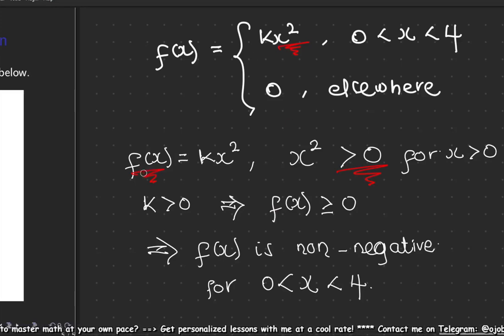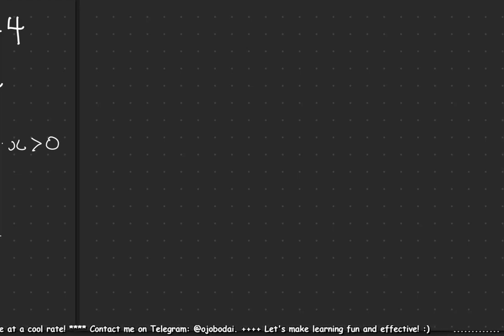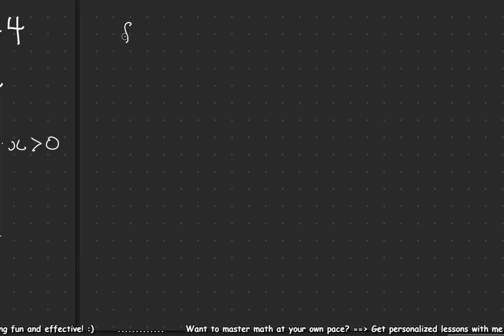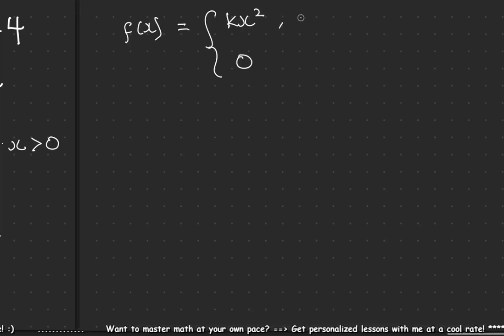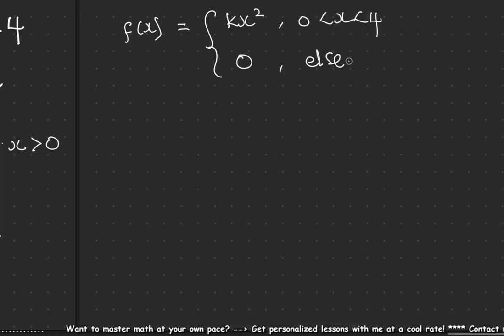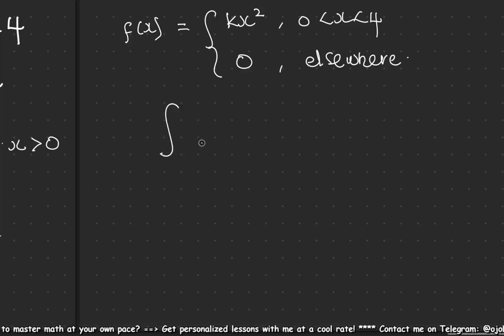The next thing we have to do is to determine the value of k. Our function, once again, we all know to be f of x. Now we have to apply the normalization condition. This is what we call the normalization condition, so we are going to normalize it.